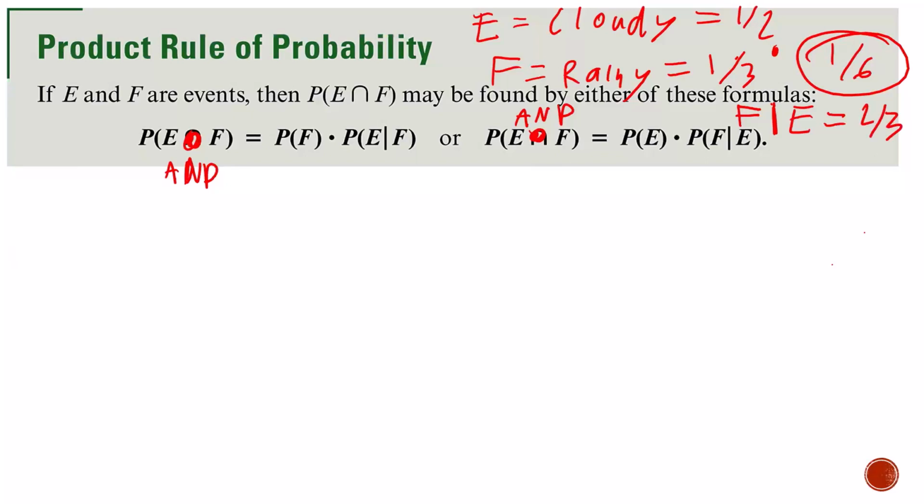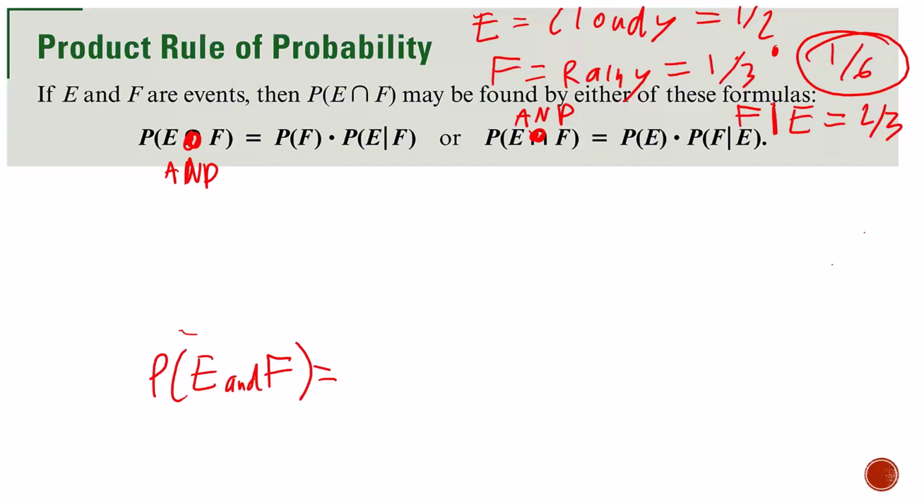That's probably not right, but I'm just making stuff up here, guys. So let's think about this. What's the probability of raining and cloudy? Let me put "and" because you guys don't use that symbol.